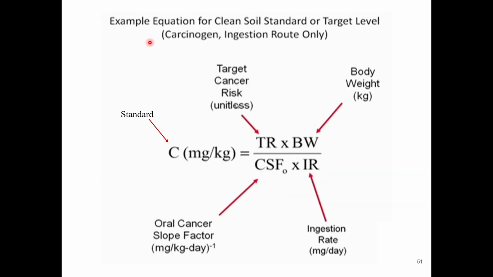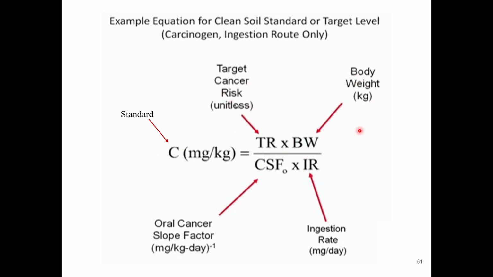Similarly, the example equation for clean soil standard or target level, where the substance is carcinogenic and the route is ingestion only, that is through the mouth. In this case also, the standard C, in milligram per kg, is equal to TR into BW by CSF naught into IR, where TR refers to the target cancer risk, which is unitless.